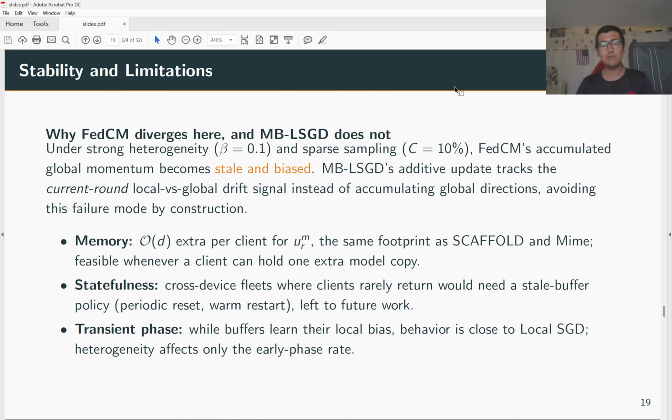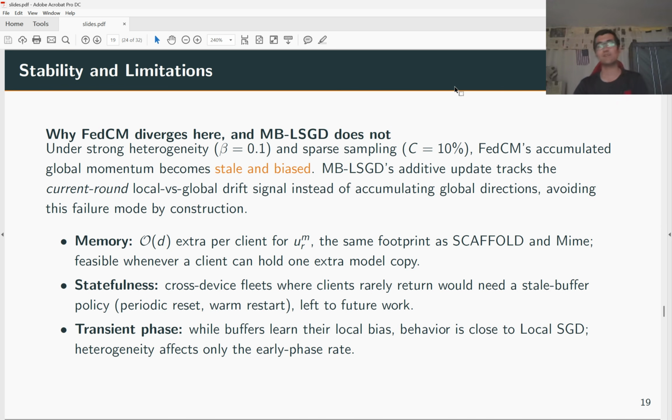And second, the limitation, stated plainly: MB-LSGD needs order d extra memory per client for the buffer, the same footprint as SCAFFOLD. Fine if a client can hold one extra model copy, a real constraint on tiny devices.